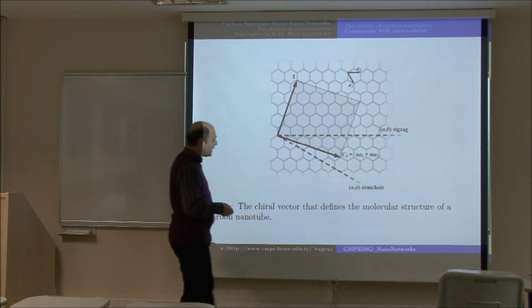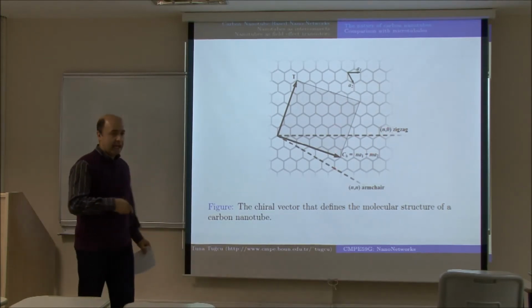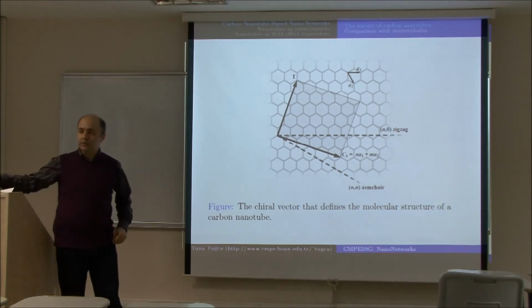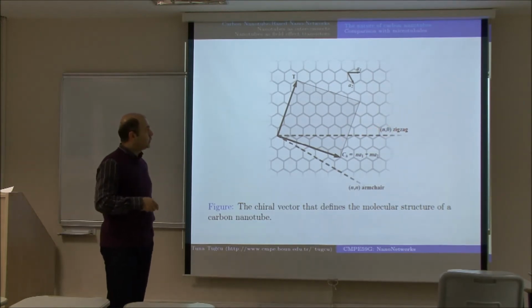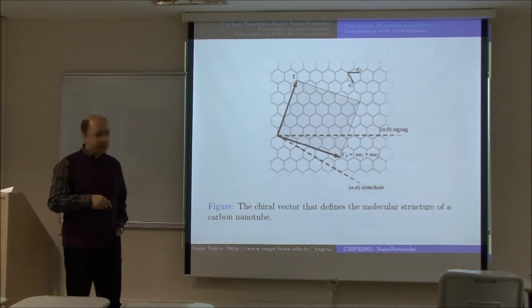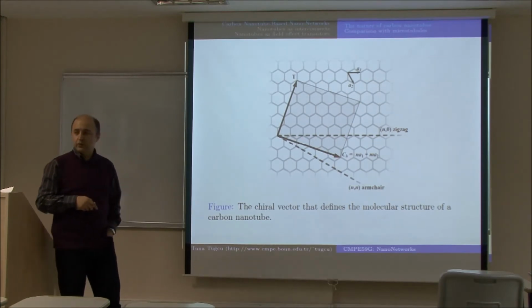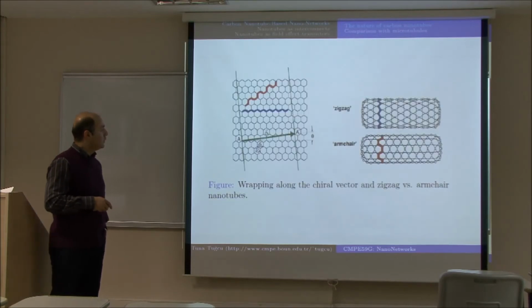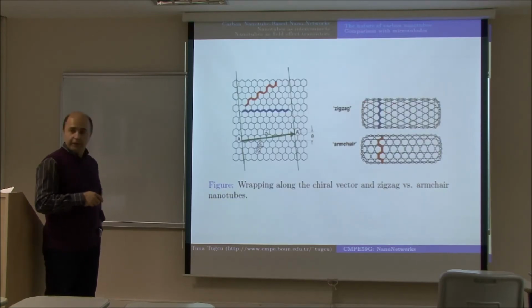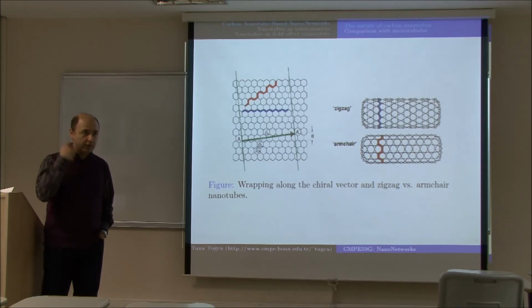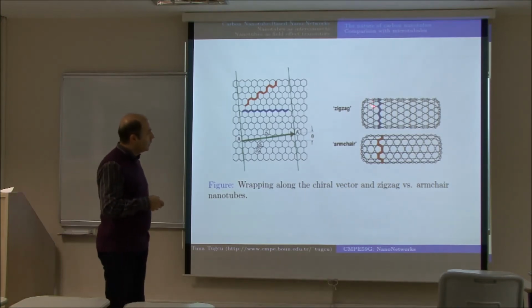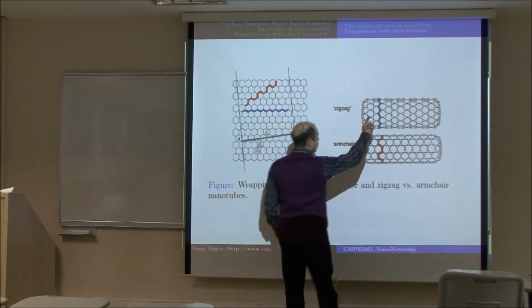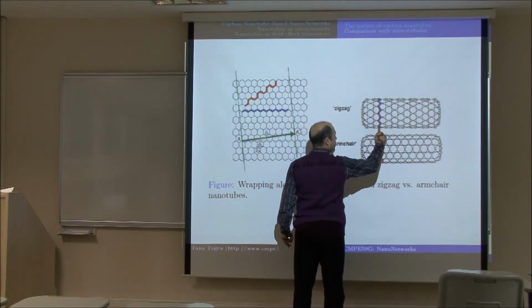And some of these n, m value pairs, the tuples, have special names. Like if m is equal to 0, it's called zigzag. If n is equal to m, it's called armchair. And the reason for that would be, if you take m equal to 0 and roll it that way, those hexagonal structures will end up with a zigzag shape here.